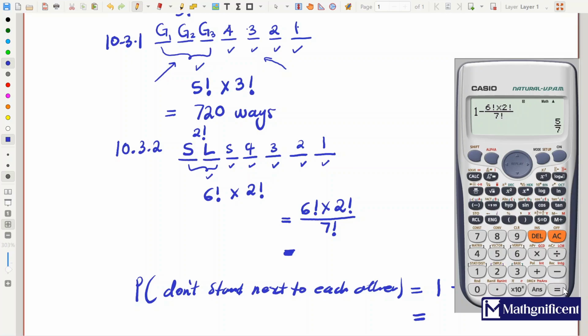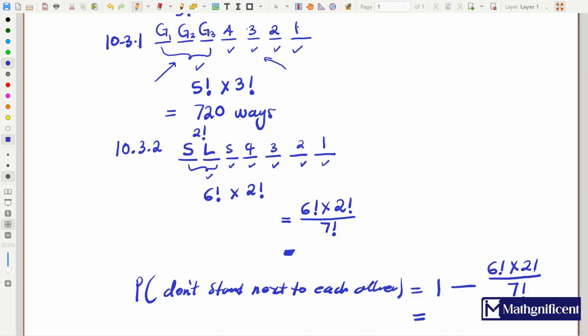And then what I'm going to get here is 5 over 7. So this is the probability that they don't stand next to each other. So I got 5 over 7. The probability that they don't stand next to each other is 5 over 7.